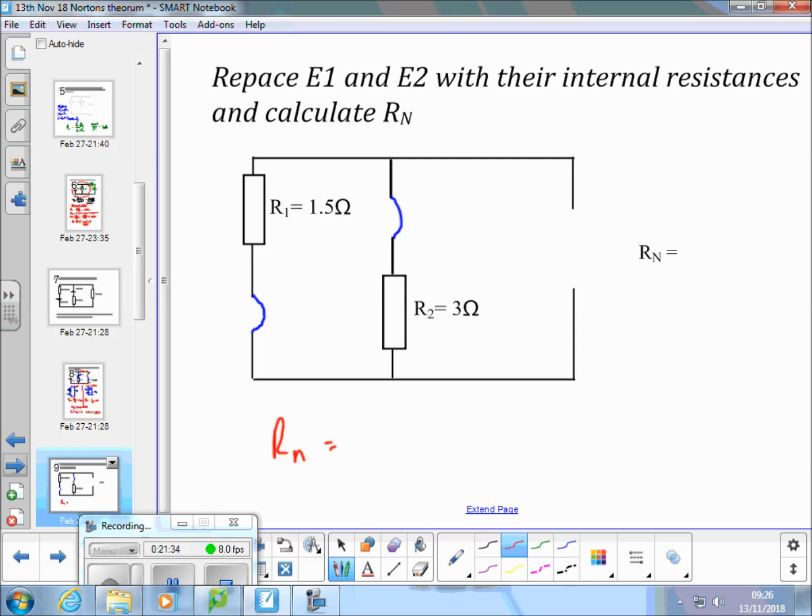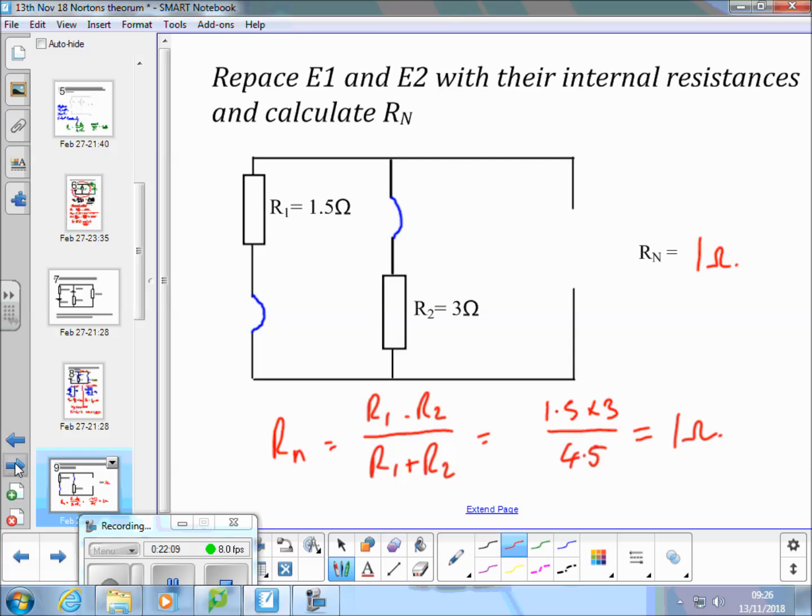Product over sum, R1 times R2, 1.5 times 3 over 4.5 equals 1 ohm, isn't it? Yep. So Rn is equal to an ohm.